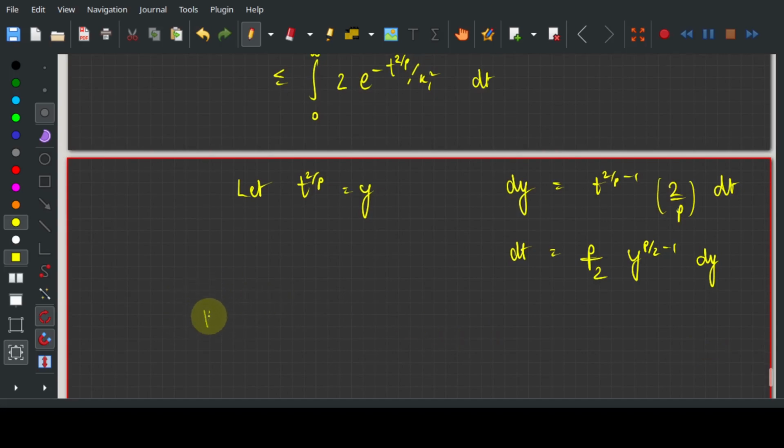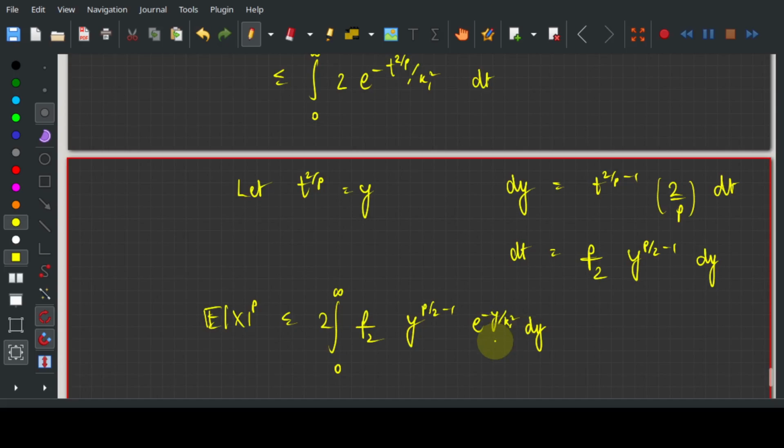So I have expectation of mod x to the p is less than or equal to integral from 0 to infinity p by 2 y to the p by 2 minus 1 times e to the minus y dy. There's another divided by k1 square.